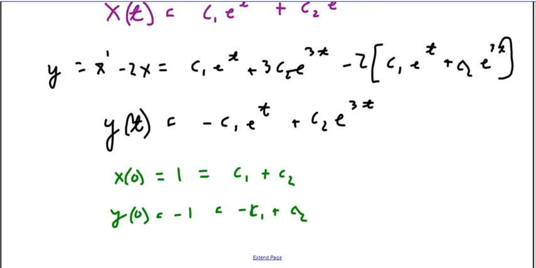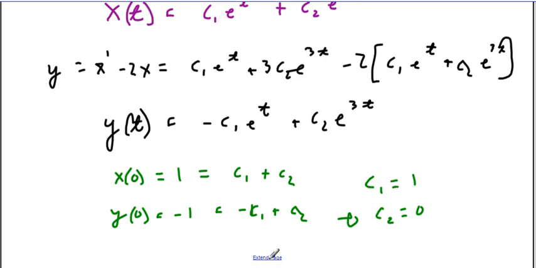Okay, well, if I add these guys together, I get 0 equals 2 c2, which implies that c2 has to be 0. And if c2 has to be 0, then c1 had better be 1.